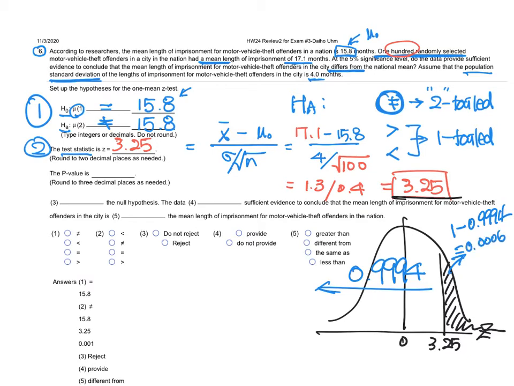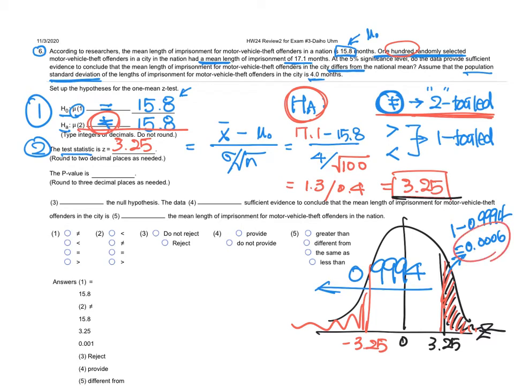That will be 0.0006. But in the alternative hypothesis, we stated two-tailed. So the right tail is not only it; the left tail, less than negative 3.25, is also part of the p-value. So simply take twice, that will be 0.0012.